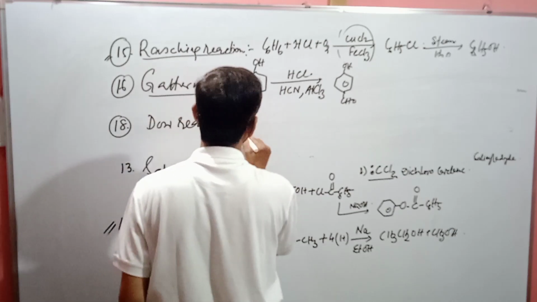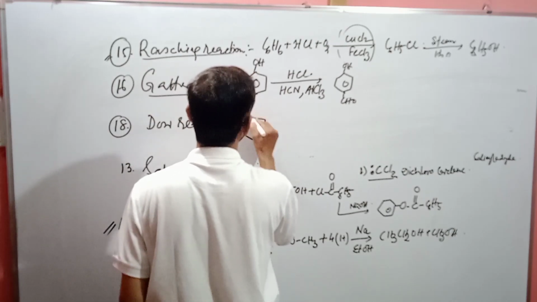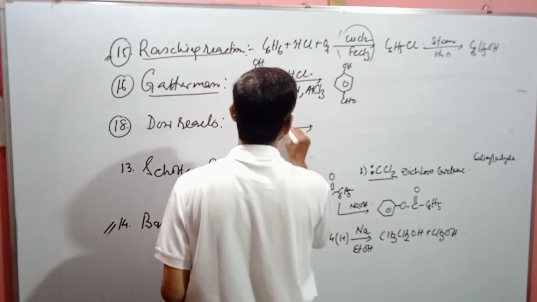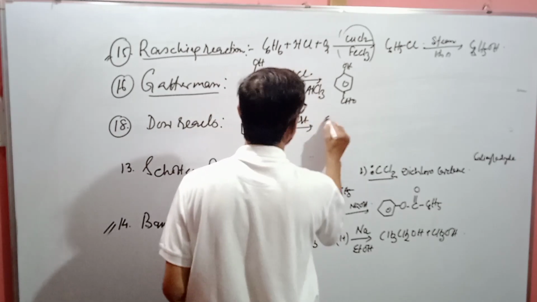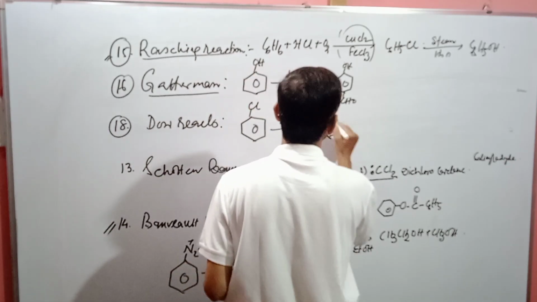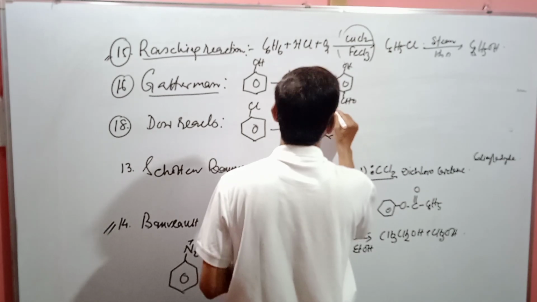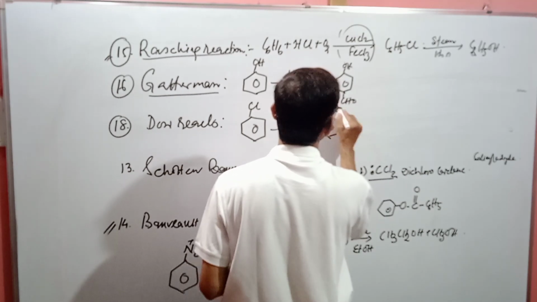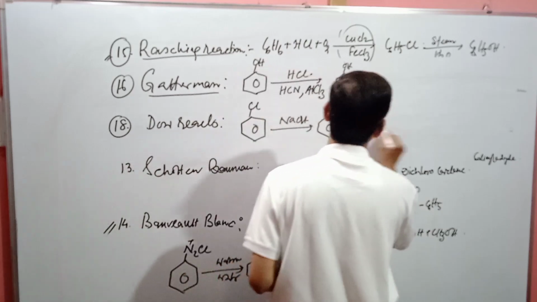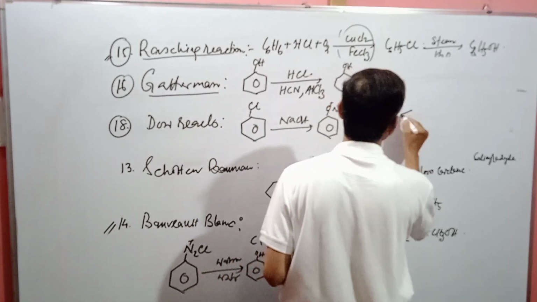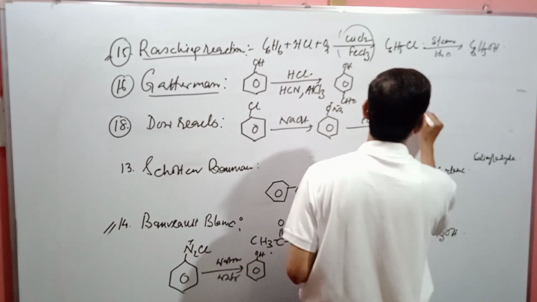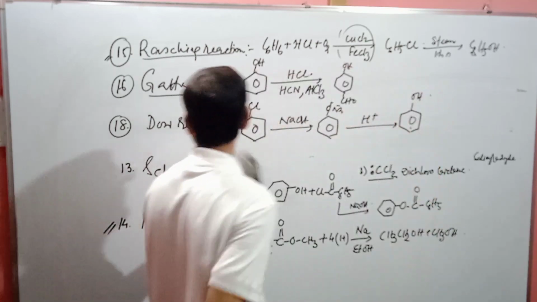Here what happens? Chlorobenzene is treated with sodium hydroxide. It gives ONa, and upon reaction with acid it gives phenol. This is the Dow reaction.